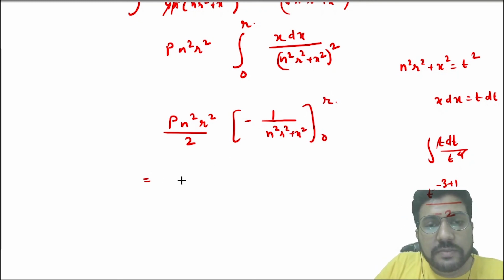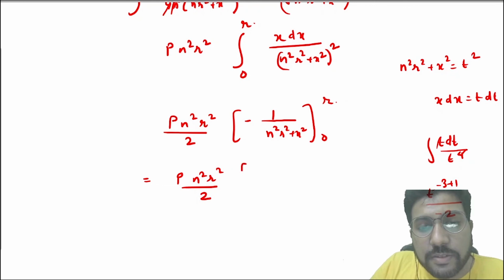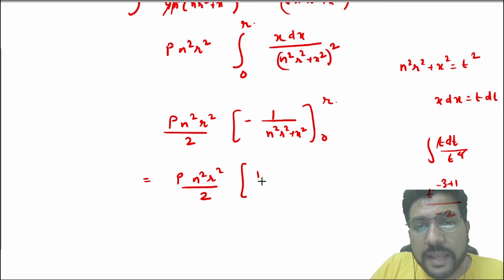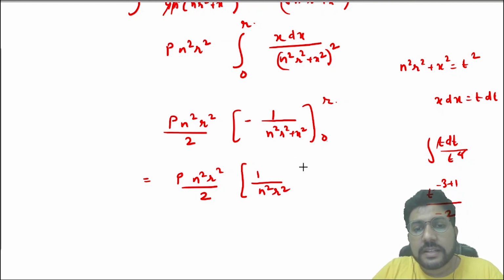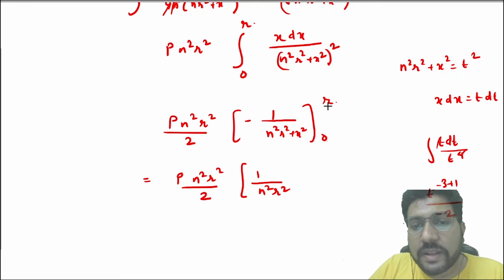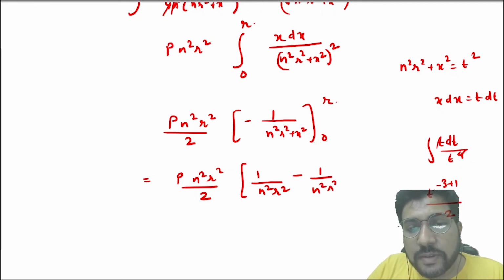So from this we will write P n square r square by 2 into 1 by n square r square. I am first putting this value because there is a minus here. So first putting x equal to 0, and then I will put x equal to r, minus 1 by n square r square plus x square.